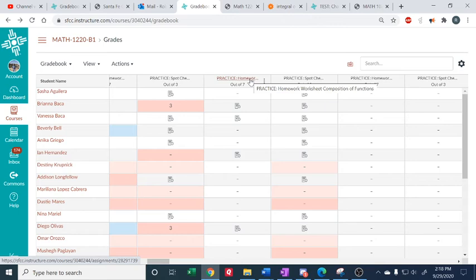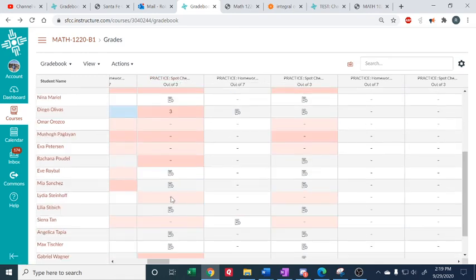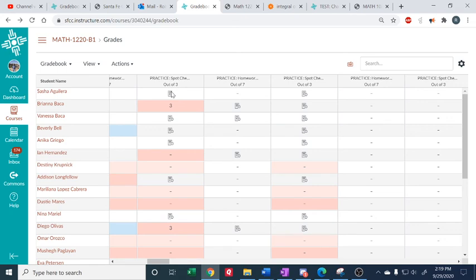All right, so the composition of functions, I haven't entered any spot check grades for that yet.